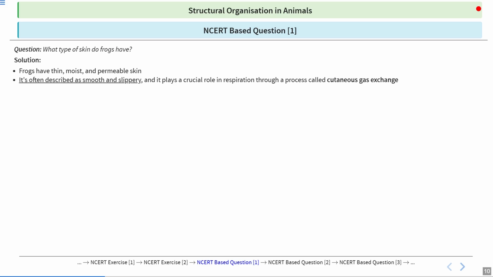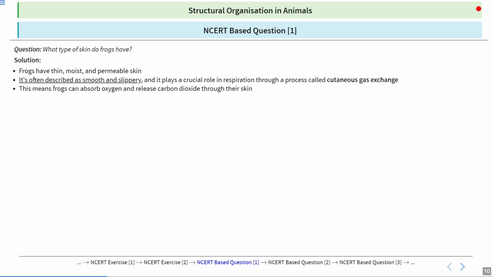All the metabolic activities of the organism are very, very low, so they require only a little amount of oxygen. And this cutaneous gas exchange is helping for the gaseous exchange at that time.